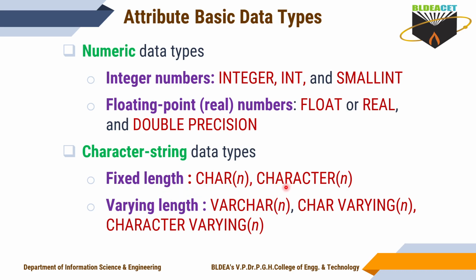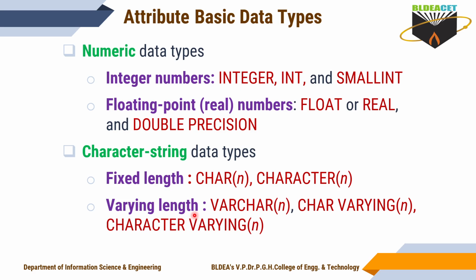Now if you use the fixed length data type as char n or character n, then in memory also, as many characters as you have specified, that much memory is reserved. Even if you do not enter them, it is filled with null values. Whereas in varying length, the name itself tells.